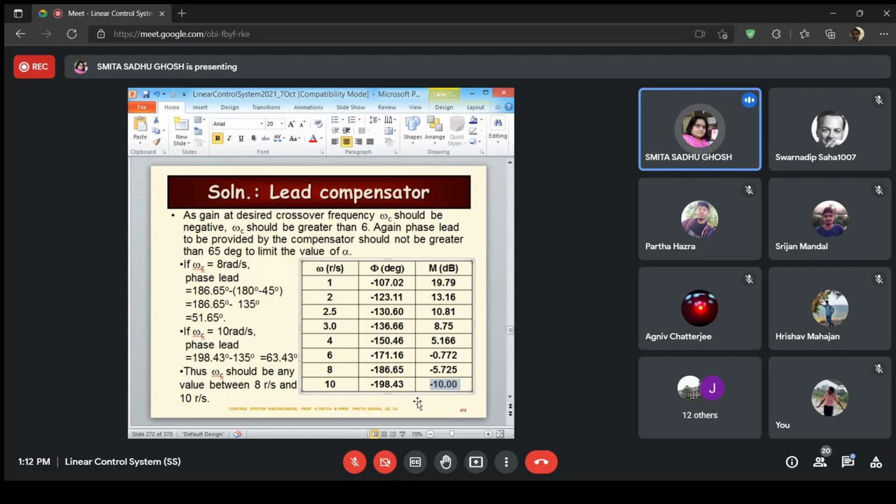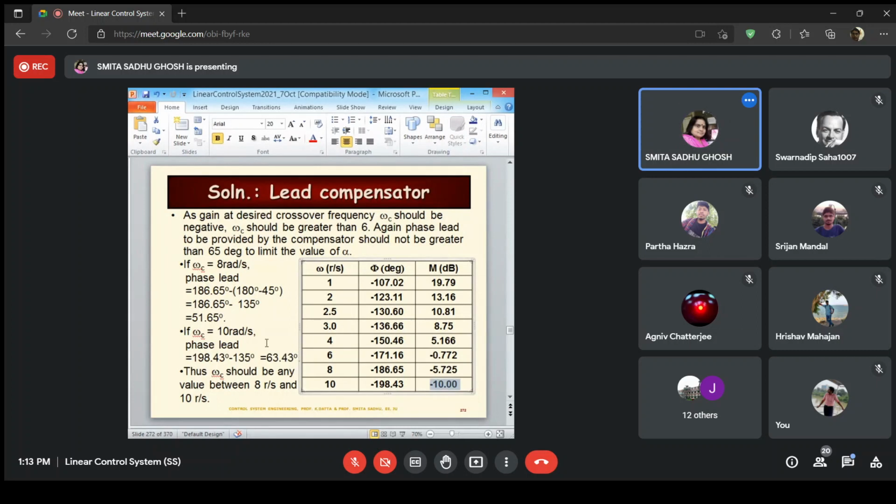Now, as far as the phase is concerned, the phase was originally minus 198 degrees, and I want the compensated system phase to be minus 135 degrees, so that the phase margin becomes 45 degrees, right? So what is the difference of that minus 135 with the minus 198? Minus 135 minus minus 198 will be 198 minus 135, which is equal to around 63 degrees.